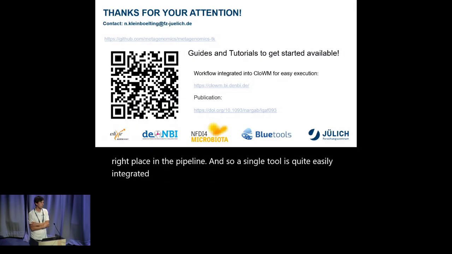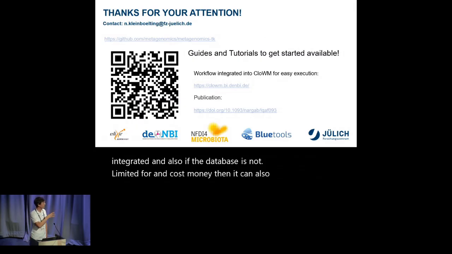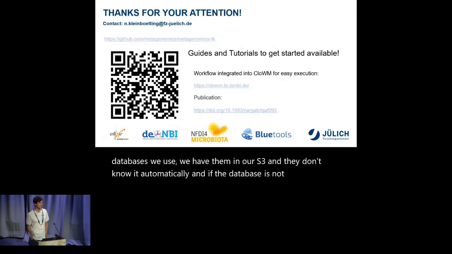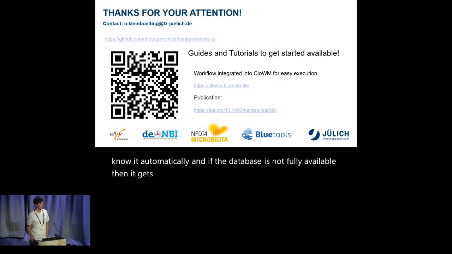Also, if the database is not restricted or costly, it's fine, because all the databases we use are in our S3 and downloaded automatically. If the database is not freely available, then it gets a bit more complicated.